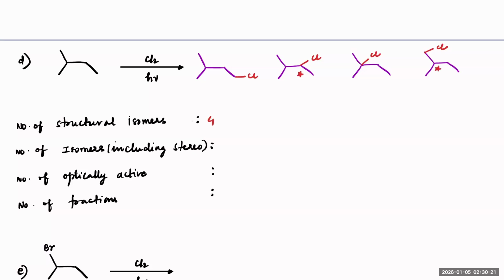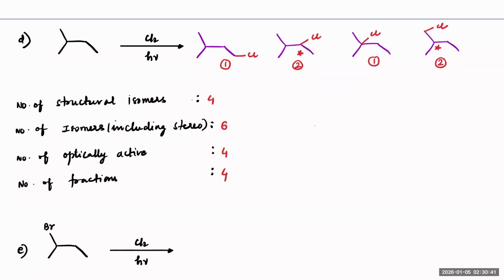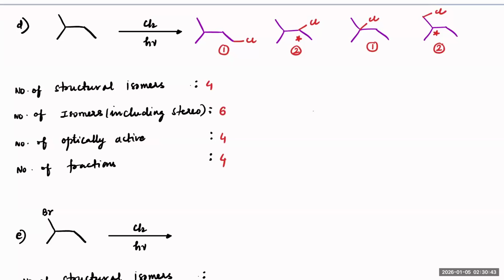So here I'll count it as 2 isomers, 2 isomers, 1 isomer, and 1 isomer. Total of 6 total isomers here, optically active 4. Now fraction wise, this you will count as 1, this as 1, 1 and 1. Total 4. So 4 fractions is what we should get. Okay. So I guess this is clear, everybody. Check if your answers are matching.